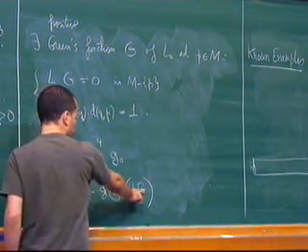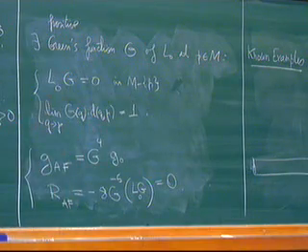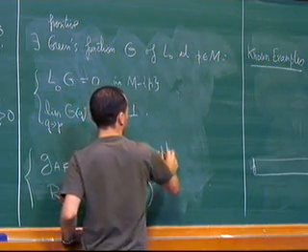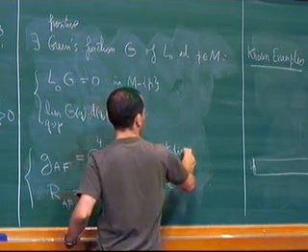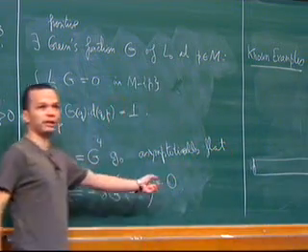But since G is a solution of the equation, we get 0 here. So this is an asymptotically flat and also a scalar flat manifold.